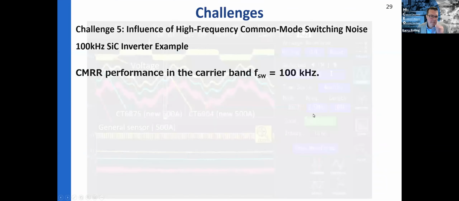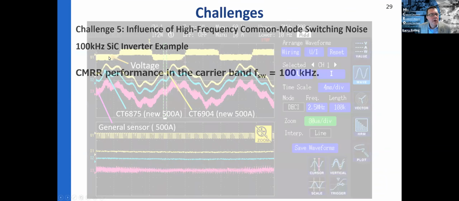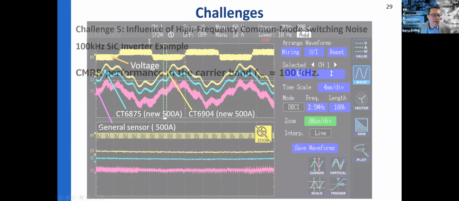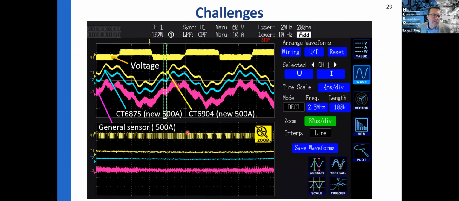Okay, so here's another graphic. This is a screenshot of our PWM voltage waveform. And then let's go back to the general sensor. This is a generic sensor. It's got a lot of noise, and we've zoomed way out to be able to see that. If you see that, that's U1 pushing into your current.